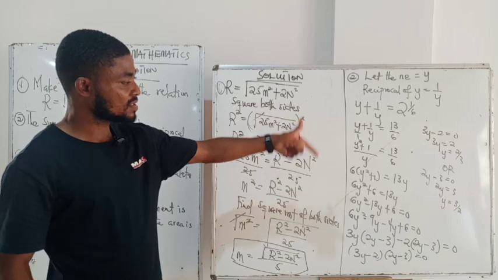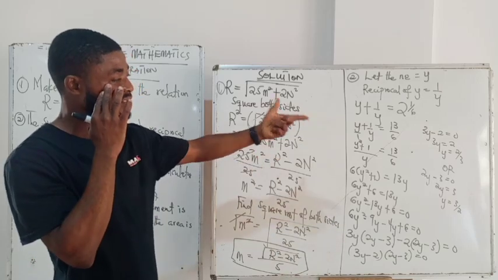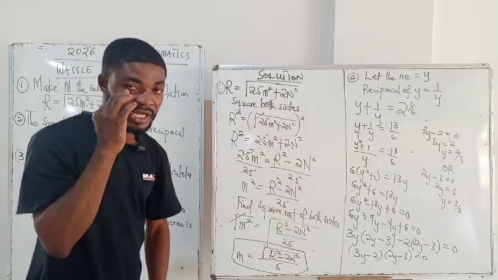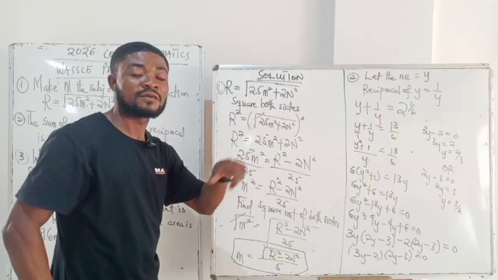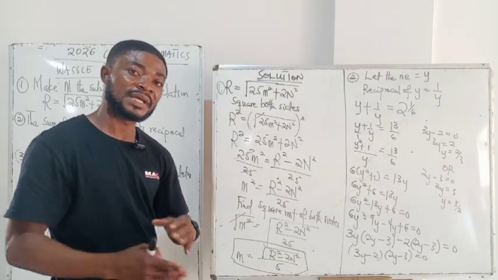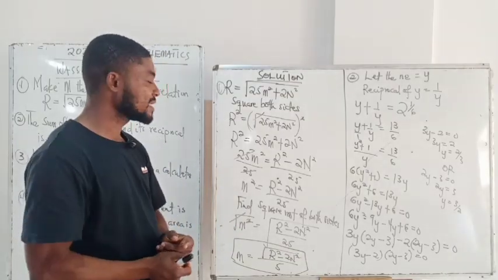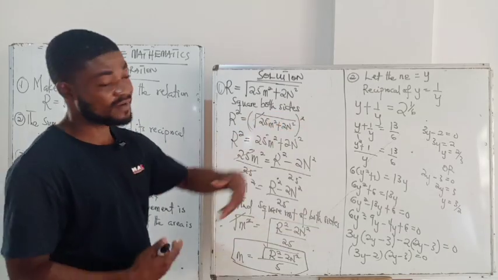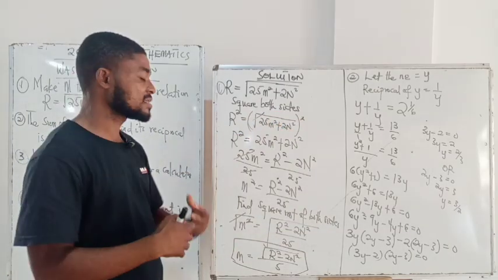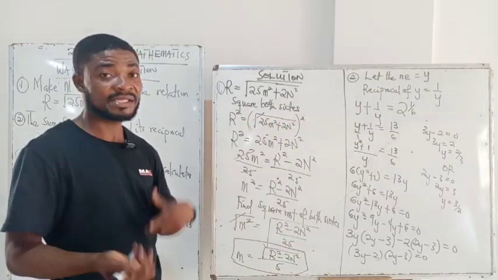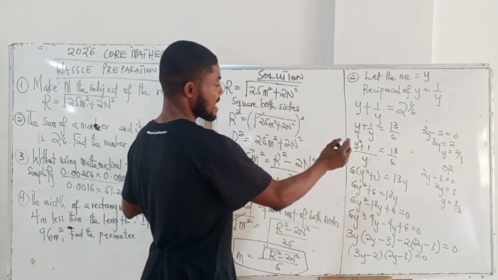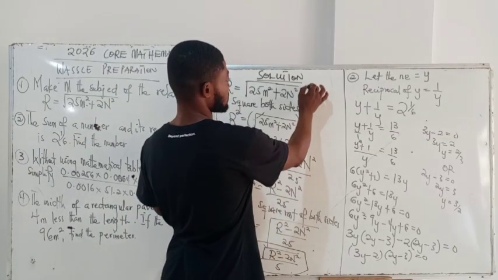So when I add these two numbers, the reciprocal of 2 over 3 will be 3 over 2. When I add 2 over 3 and 3 over 2, do I get the 13 over 6? If yes, then the answer is right. If no, then it means that I need to rework it. So let's try the answer and see if it will work.